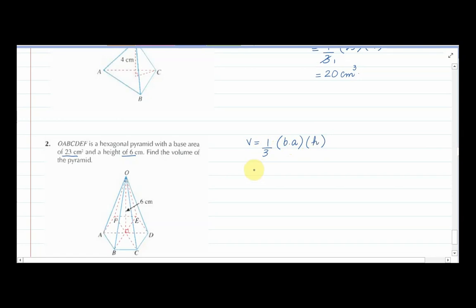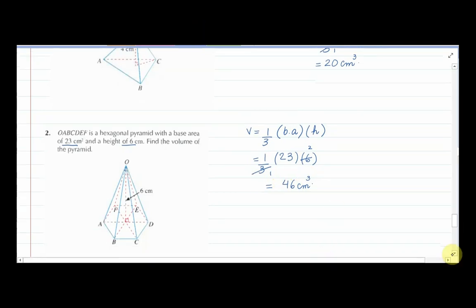Now you know what you need to do. The value of base area is given, that is 23. The value of height is 6. 3 1s are 3, 3 2s are 6. So 2 times 23 is 46 and the unit is centimeter cube. So that is an easy part, right?